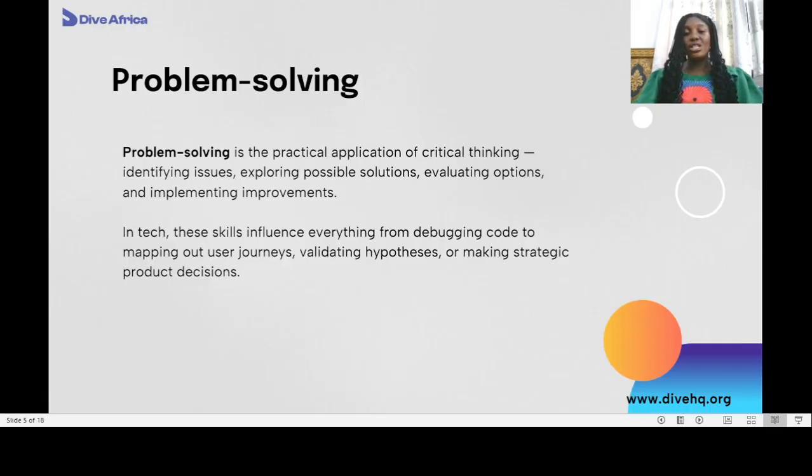Once you have analyzed a situation, you now have to fix it. How do I fix the situation? There's a problem. What will be the solution? So problem solving is a step-by-step process of identifying the issues. It's a step-by-step process. So brainstorming possible solutions. You can brainstorm with your team members. How do we resolve this issue?